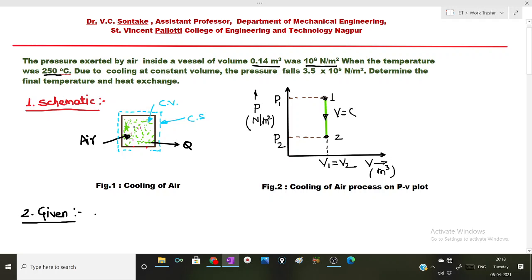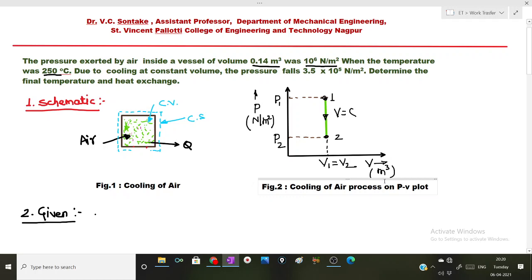So volume of the vessel will be volume of the air, and this air is being cooled by rejecting Q amount of heat to the surrounding. Even after the gas is being cooled, the volume of the vessel and hence final volume of the air does not change. So it is a constant volume cooling. Figure 1 represents cooling of air.